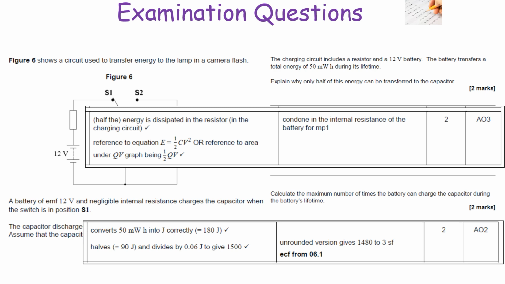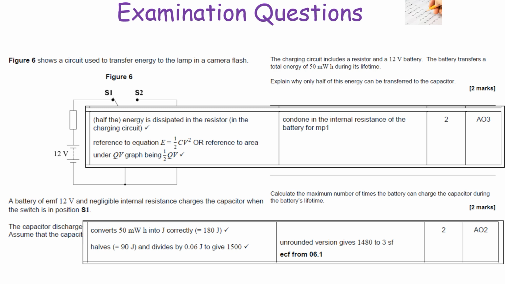Joules is when your power is in watts and your time is in seconds. So to convert from milliwatt hours into joules, you multiply by 10 to the minus 3 to turn milliwatts into watts, and then multiply by 3600 to convert your hours into seconds. That works out to be 180 joules.